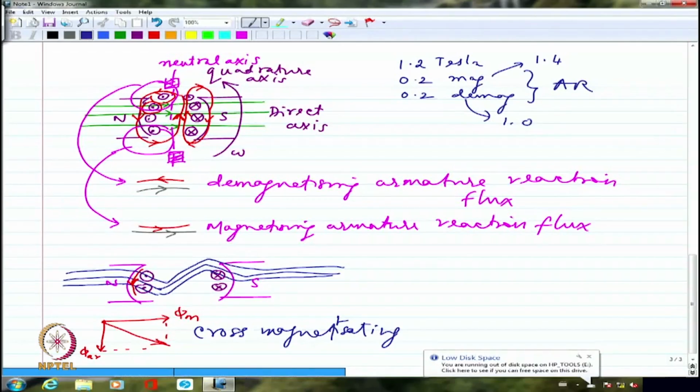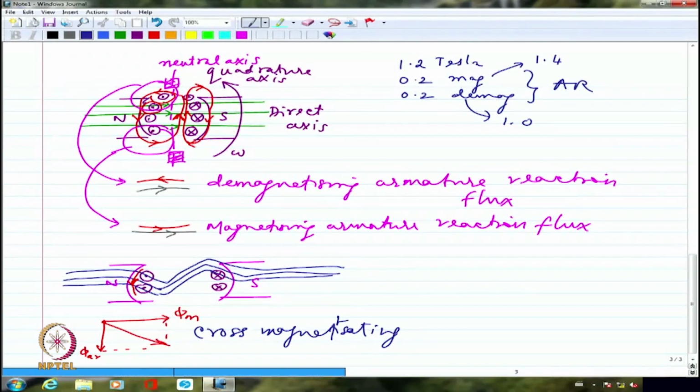Coming down to 1 is very easy, no saturation effect. But going up to 1.4 becomes very difficult because already it is saturated to a large extent. So instead of going to 1.4, it may go to 1.25 or 1.3. Nothing more than that. It may not be able to go very high.